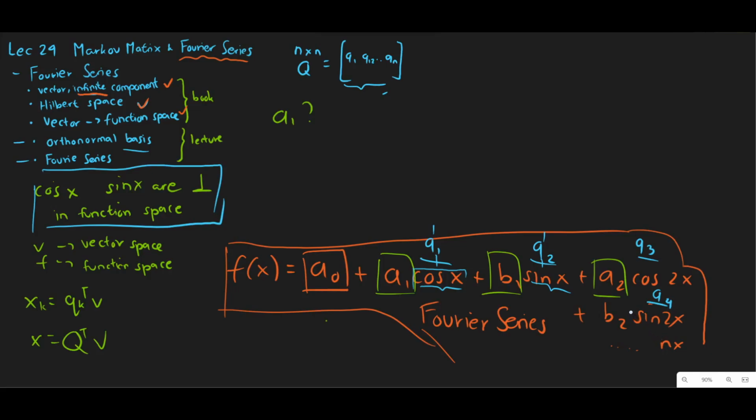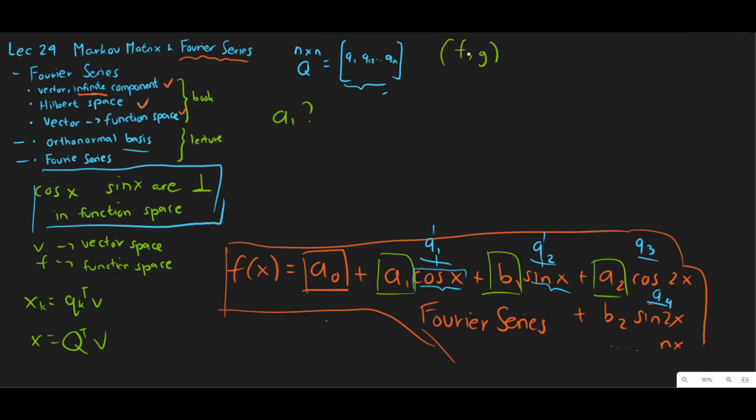So just stare at it and let it sink into your head. So our basis now is cos x, sin x, cos 2x, sin 2x until cos nx and sin nx.